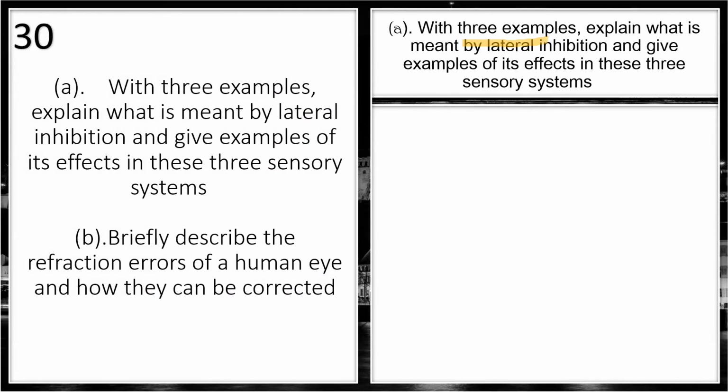With 3 examples, explain what is meant by lateral inhibition and give examples of its effect on these 3 sensory systems.